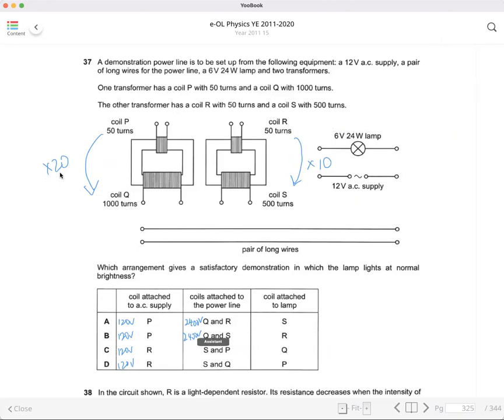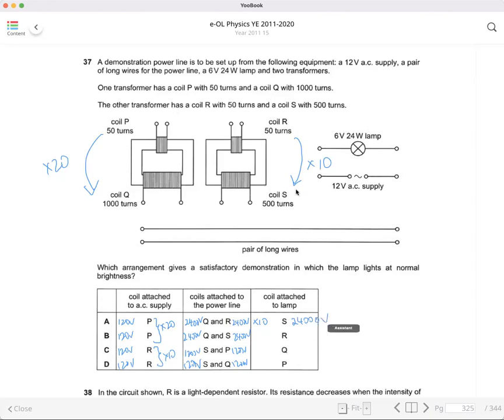R to S, I multiply by 10, I get a very big value, 24000 volt.